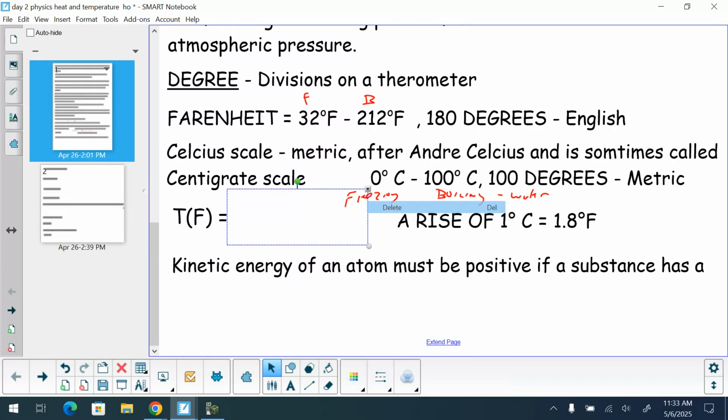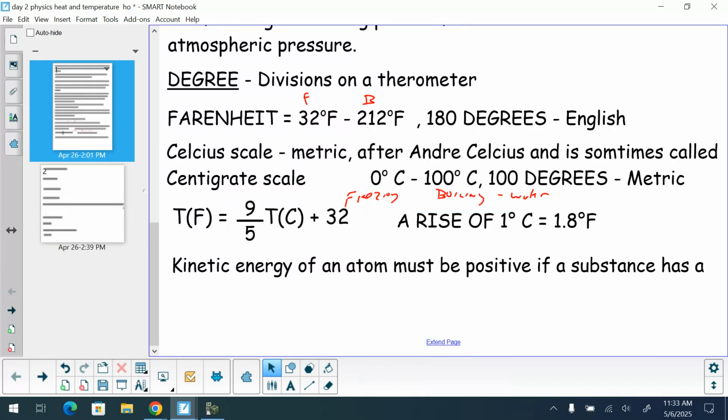We can deal with conversions. For every 1 degree rise in Celsius, there is a 1.8 degree rise in Fahrenheit. So for every Celsius degree that goes up 1, our Fahrenheit scale goes up 1.8. Now we can convert between the scales. As we are in Celsius, we can multiply by 9/5 or 1.8 and add 32 to it.